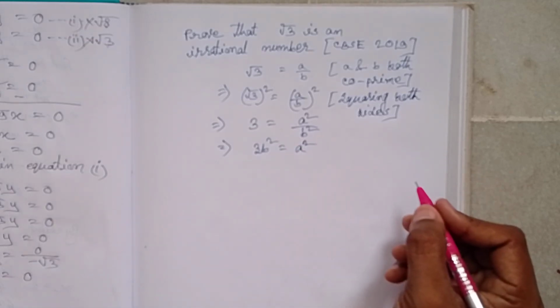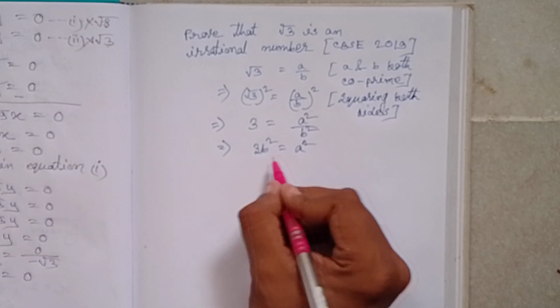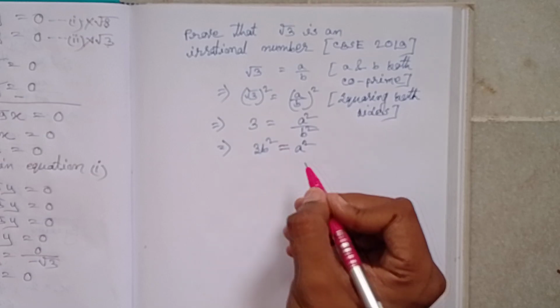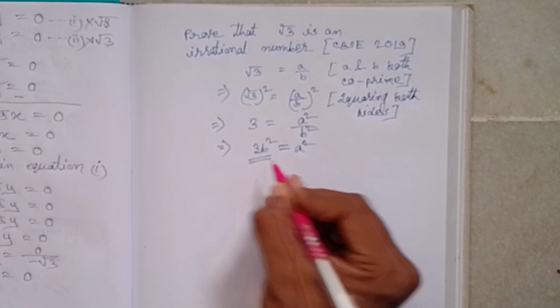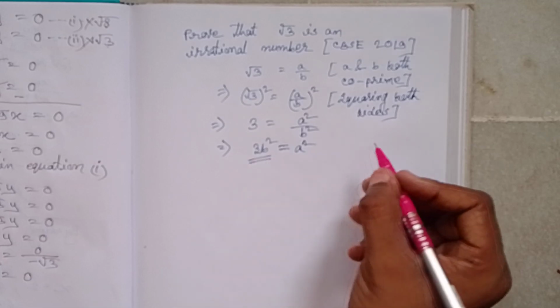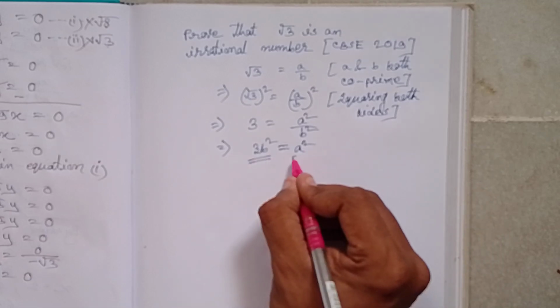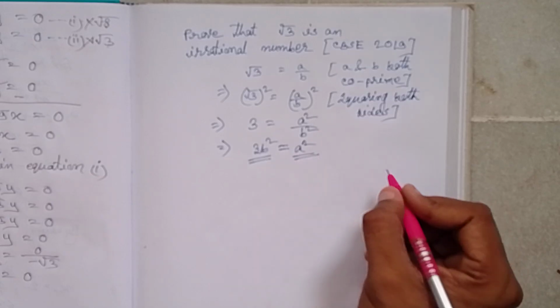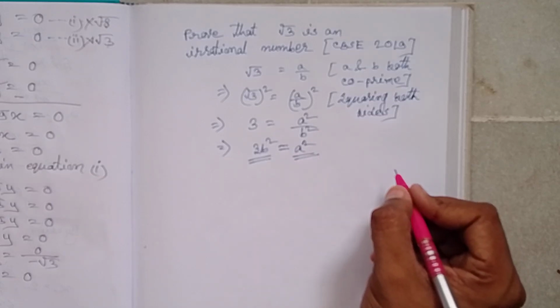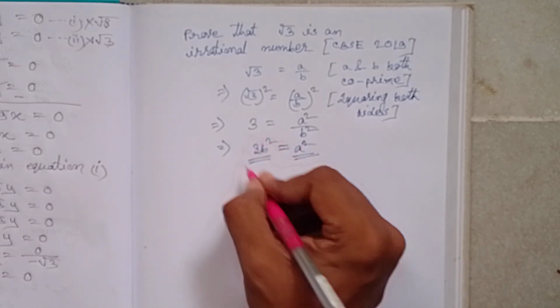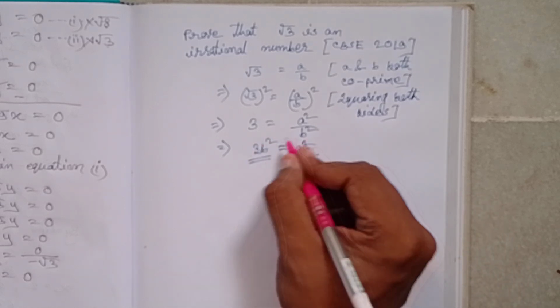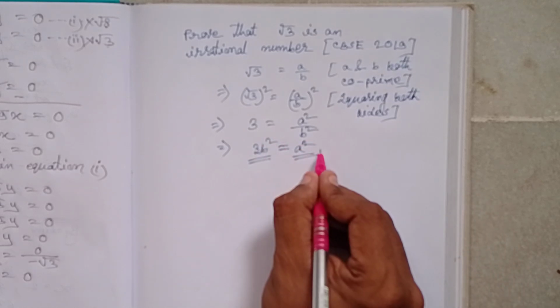Now, in an equation, what we know is, if I divide the left hand side by 3, I must divide the right hand side by 3 as well. So 3 is the common factor of both sides, because it is an equation.